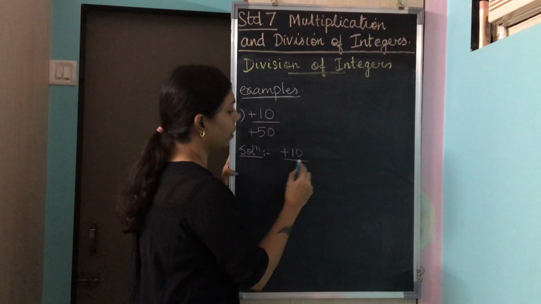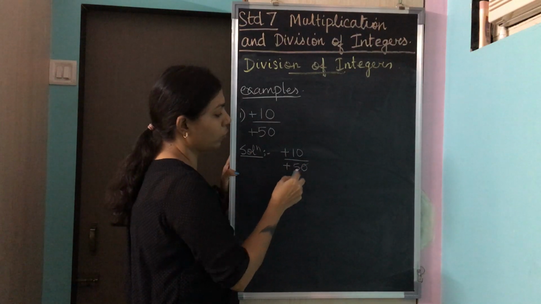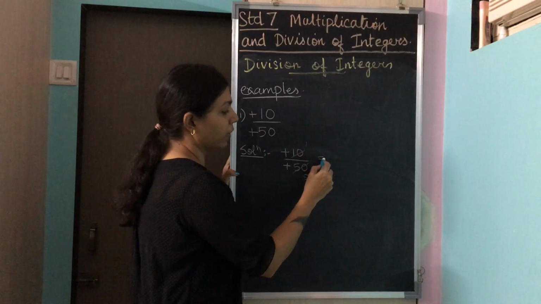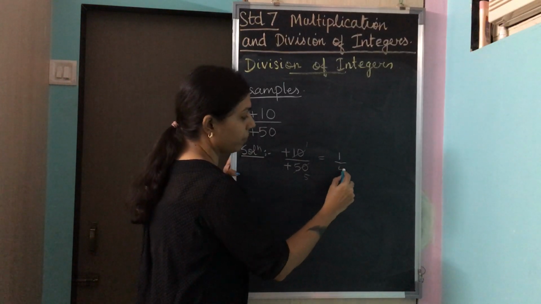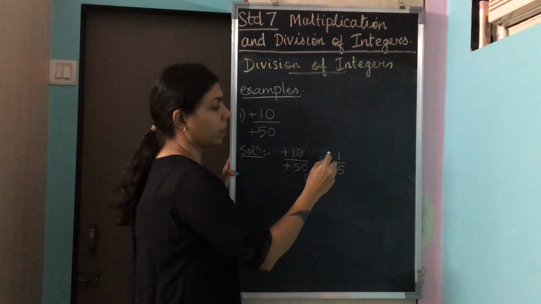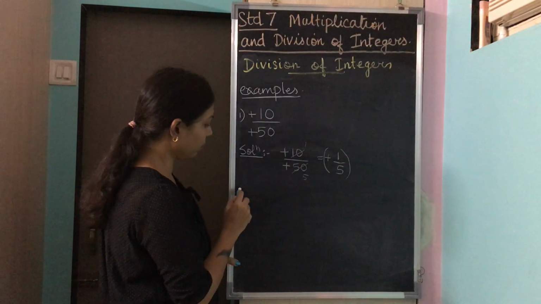Plus 10 upon plus 50. I do the division: 10 ones are 10, 10 fives are 50. So my answer is 1 upon 5. Positive, positive, it means that my answer is also positive. We'll do another sum.